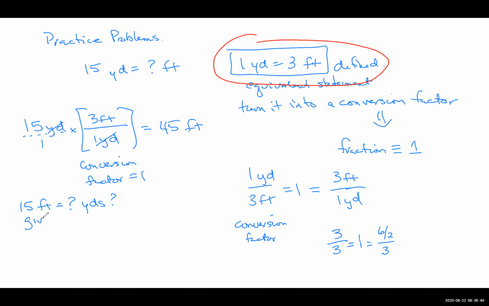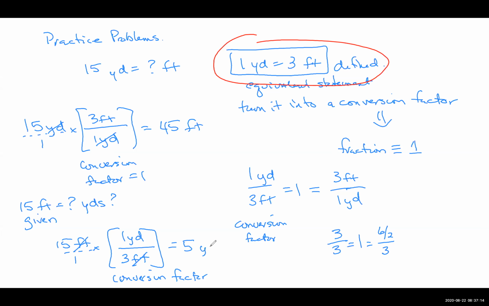This is my given in the problem: 15 feet, and I'm going to multiply that by a conversion factor. And now I want to get rid of feet. So I'm going to put 3 feet on the bottom and 1 yard on the top so that feet cancels. And now I'm going to have 15 divided by 3. 15 divided by 3 is 5. I'm going to say yards.